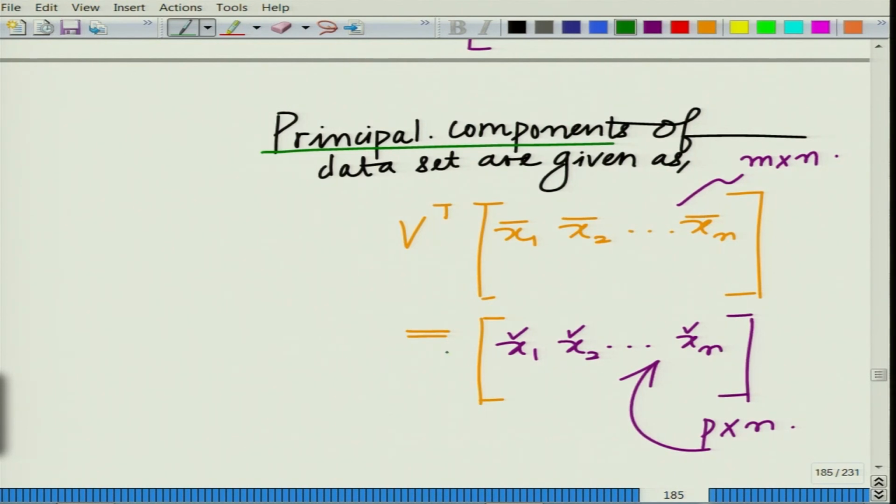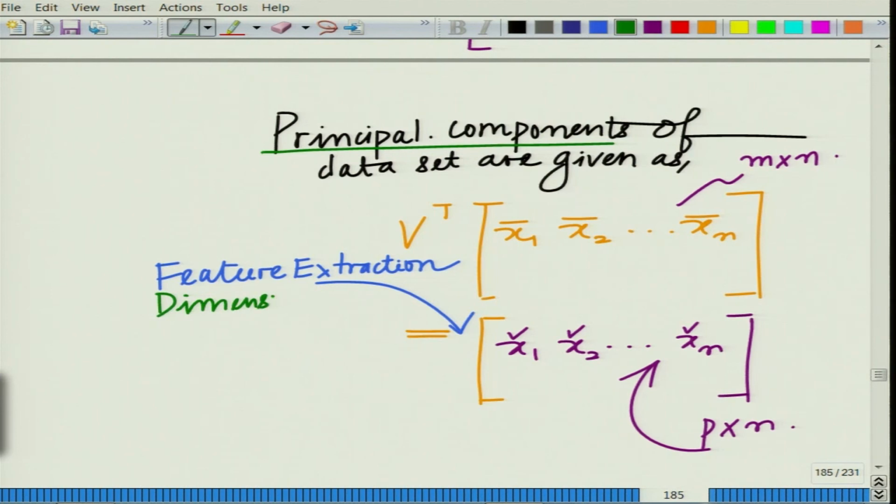So this process is basically your feature extraction or dimensionality reduction.